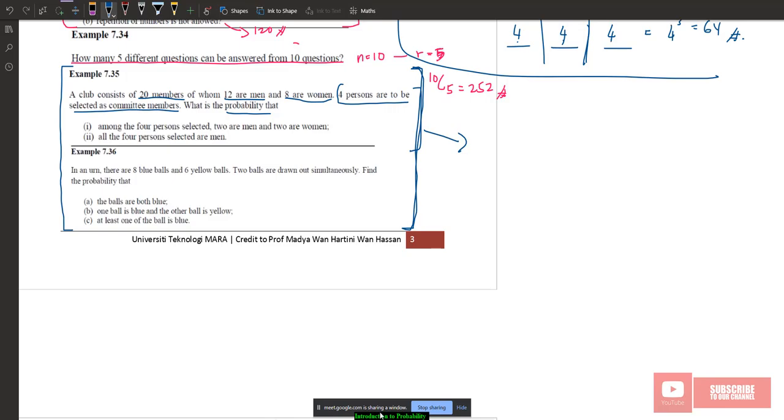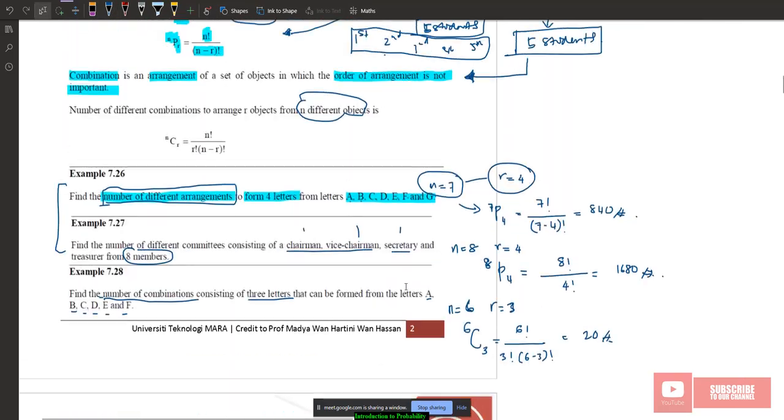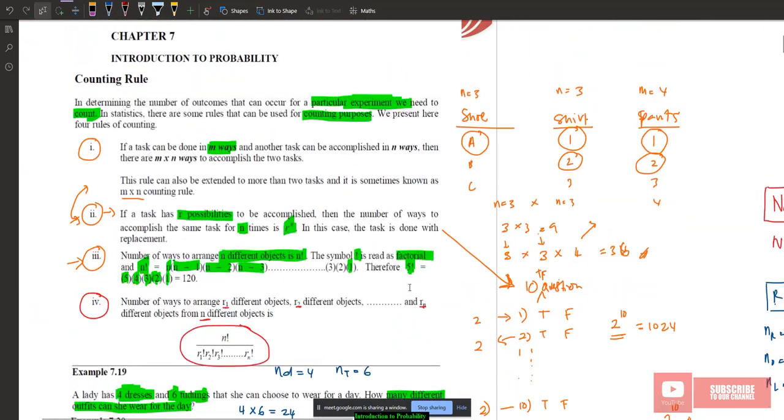So far, today we already learned 4 formulas basically. The first formula is m multiplied with n. The second formula is the same as the first, but if you have a repeated or same task, the same possibility of outcomes for the same task for n different types, so you can use r to the power of n.